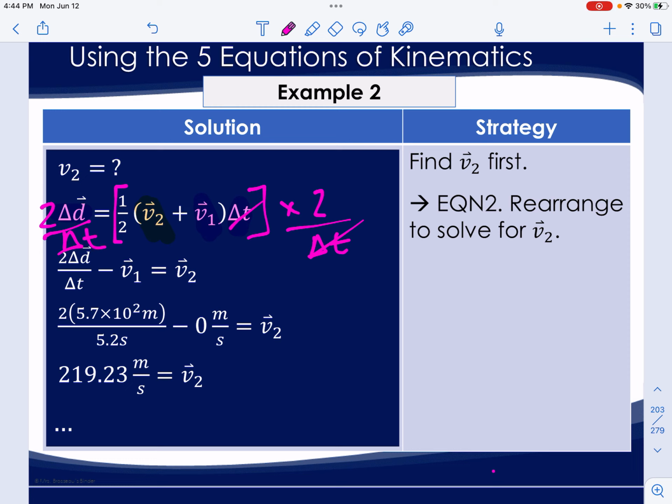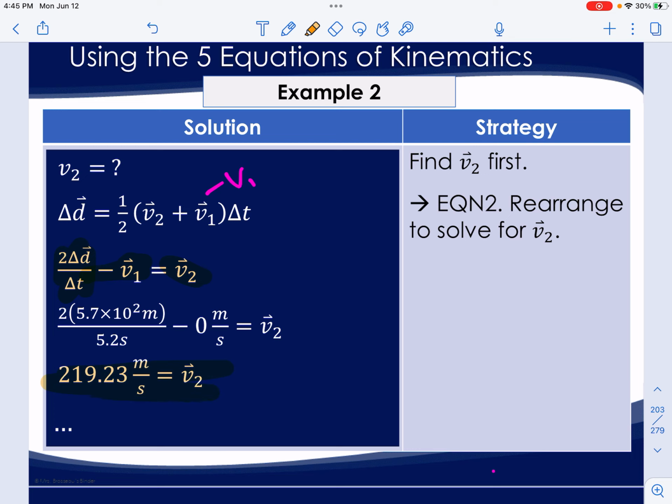So we end up with 2 delta d divided by delta t minus v1, after we subtract out our v1. They should have done this in 2 steps. It's a little bit confusing doing it in your head. And that equals v2. So if we plug everything in, we end up getting 19.23 meters per second.